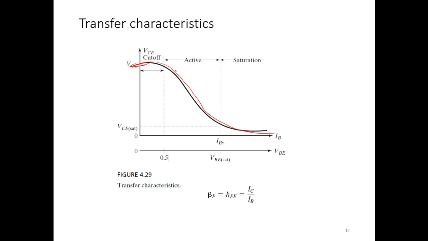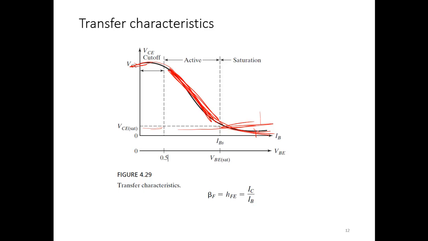This will be the active region. You operate like an amplifier. This is the amplification, pretty much the linear region. In the saturation region, you go through that, and at the end the collector to emitter voltage is saturated at almost a small voltage.